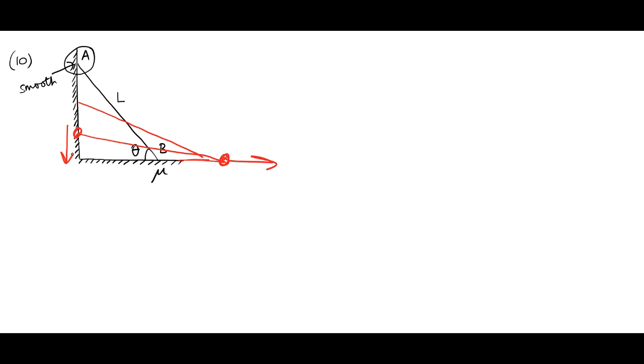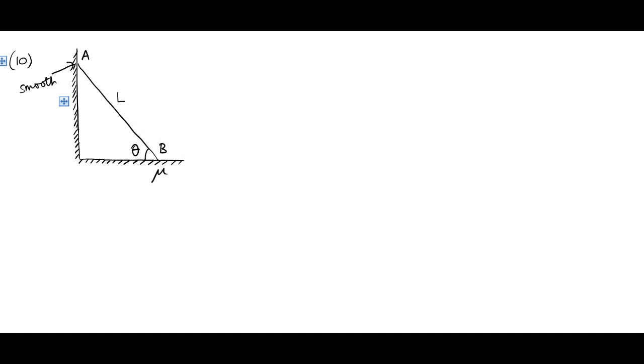In other words, there must be some minimum value of theta below which the ladder will lose equilibrium. And that's exactly what we have to find in the question, the minimum value of theta for retaining static equilibrium.